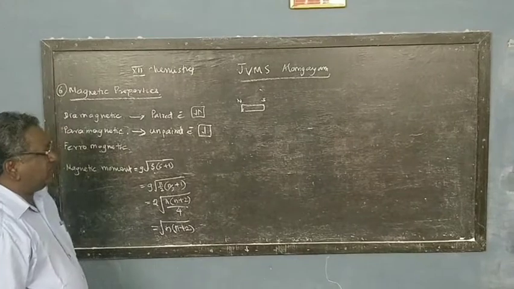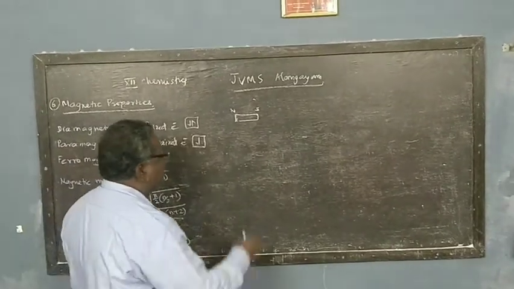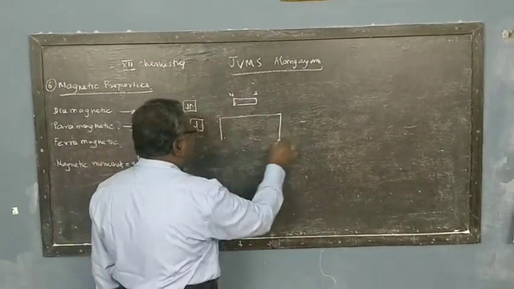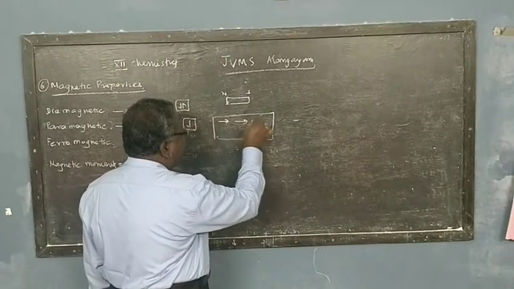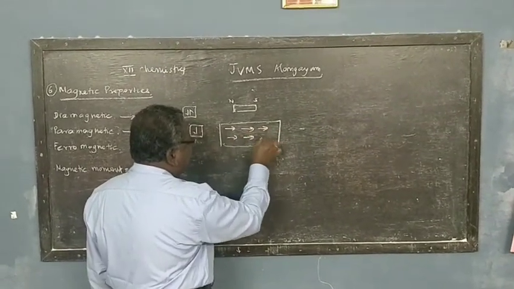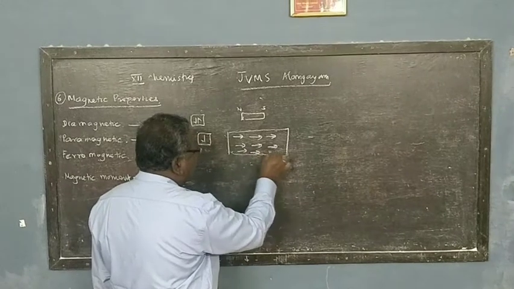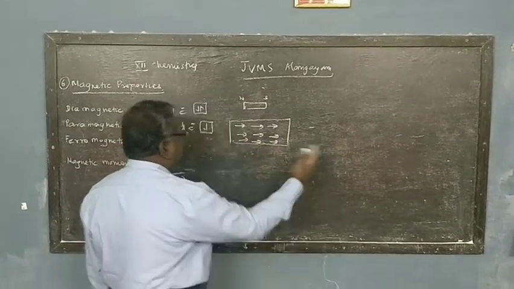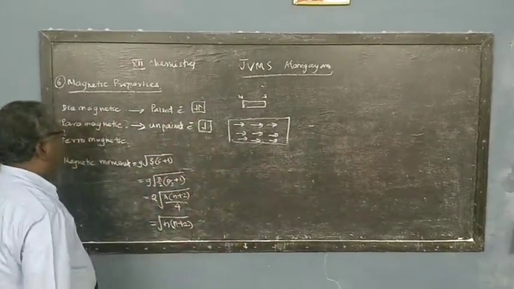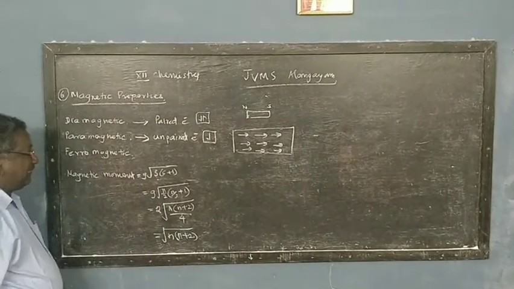If there is an external magnetic field, all these dipoles will be attracted towards the north pole or towards the south pole.